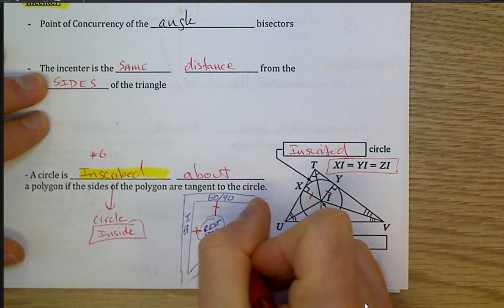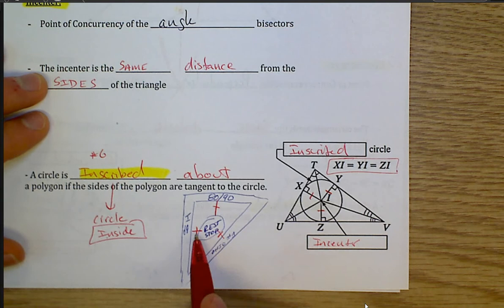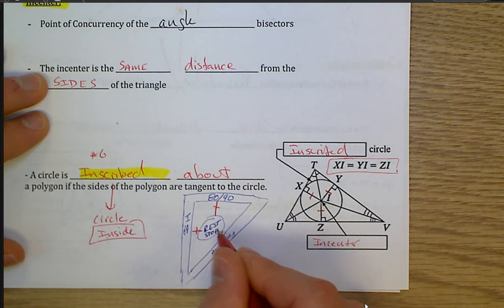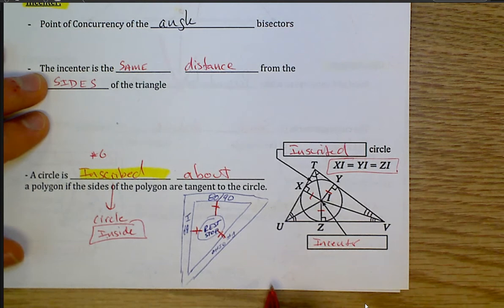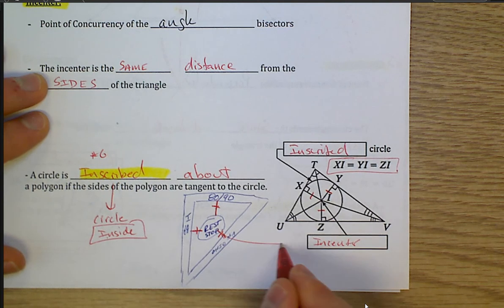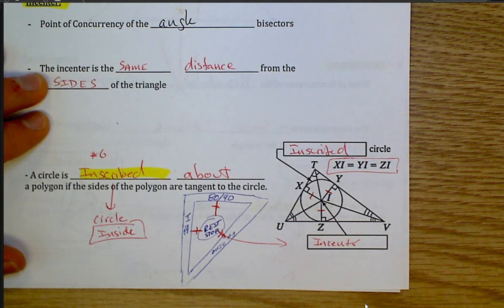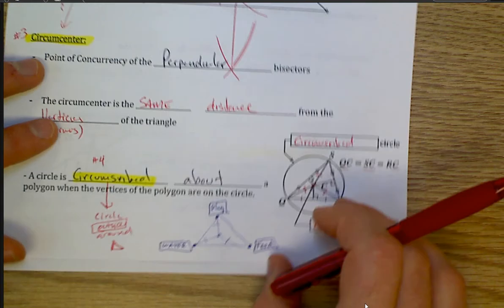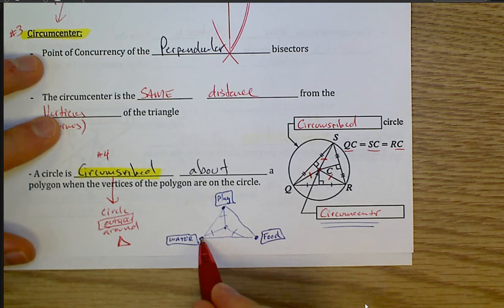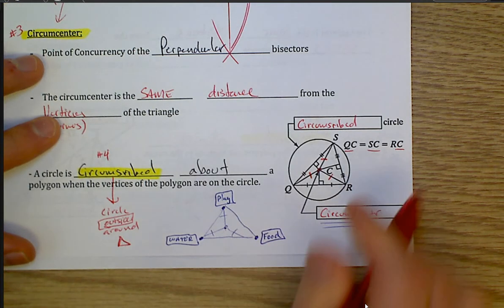Those are my tick marks to say that they're equal to each other, not plus signs. I'm saying this distance and this distance and this distance are all the same. The rest stop would be an example of an incenter because it's in the middle of all the sides, as opposed to your picnic table being equal distance from the corners. Okay, so that's the difference between them.